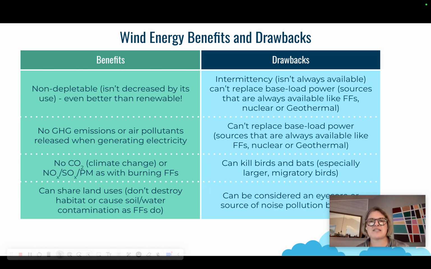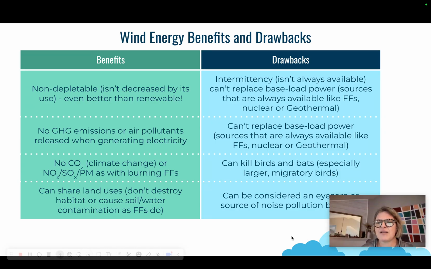Oh, because it goes with the one benefit, there's a drawback. I see. And then it can kill birds and bats, especially larger migratory birds. They can get hit by those turbines spinning. That's not a major issue, but it does happen. So it is a problem.